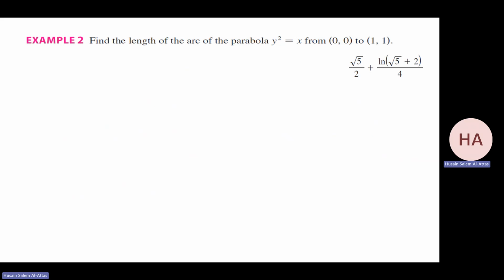Now, y squared equals x, or x equals y squared. I can do it with the y values or the x values, up to you. I can make it x equal y squared and do it in terms of y. Actually, the x and y values are the same. So I have g of y is y squared. What will be g prime of y? 2y.